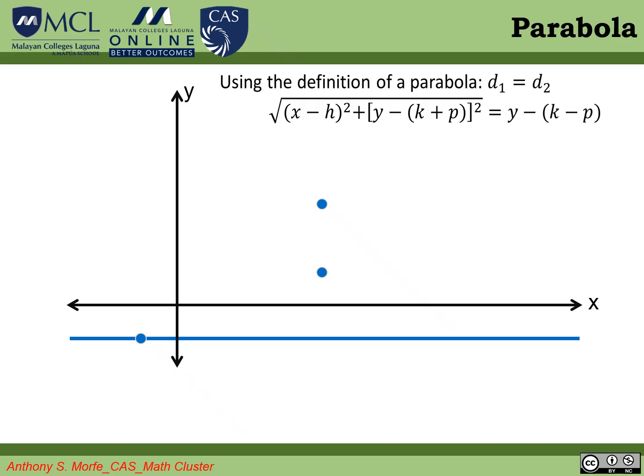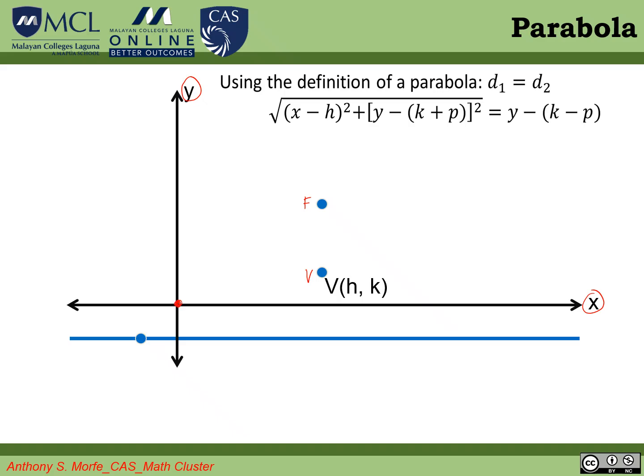So this is the focus, and this is the vertex. The vertex has the coordinates h, k. Assuming this is our y-axis and this is our x-axis, the intersection between these two axes is called the origin.